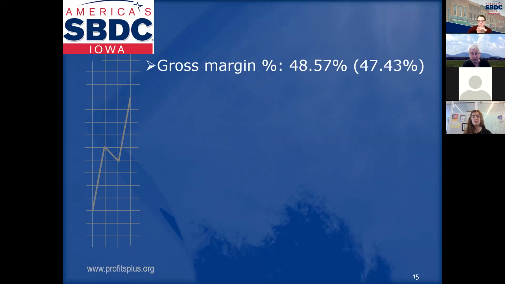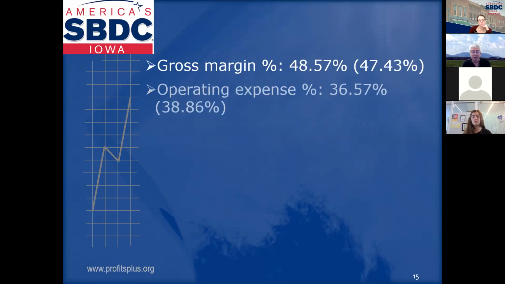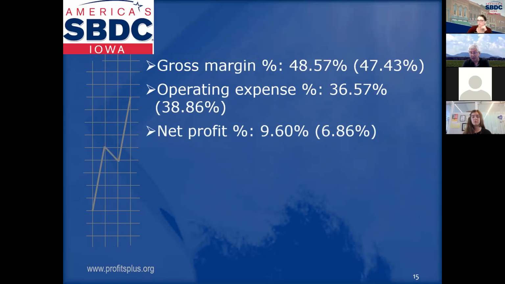In a moment, you're going to see this is big money. The operating expenses went down 2.29. Big change. Big change? Absolutely. I was making $6.86 out of every 100 I sold. Now I'm making $9.60 out of every hundred.